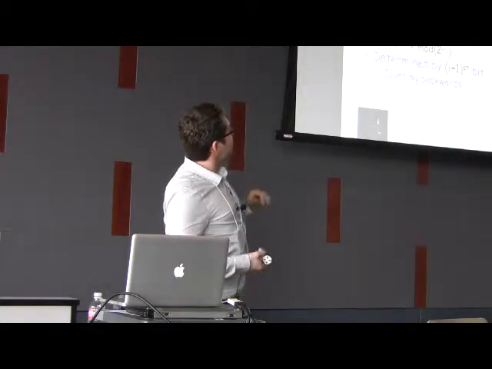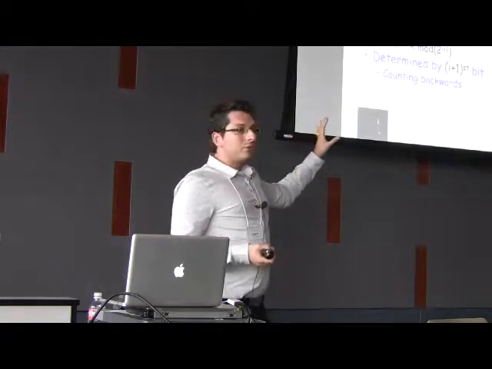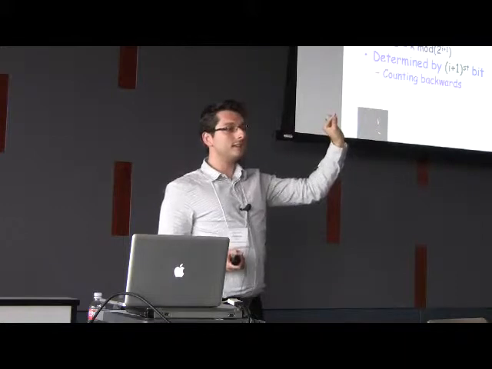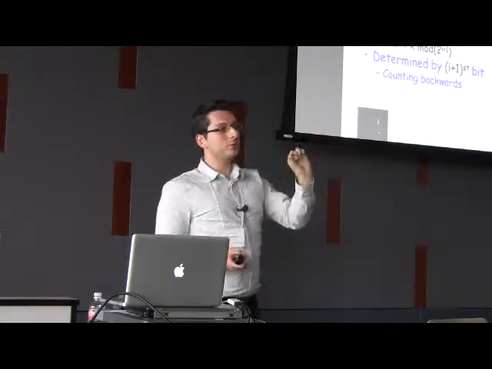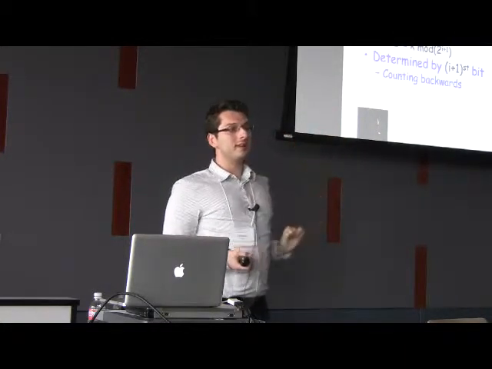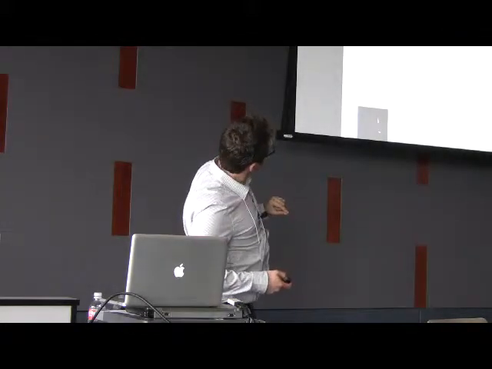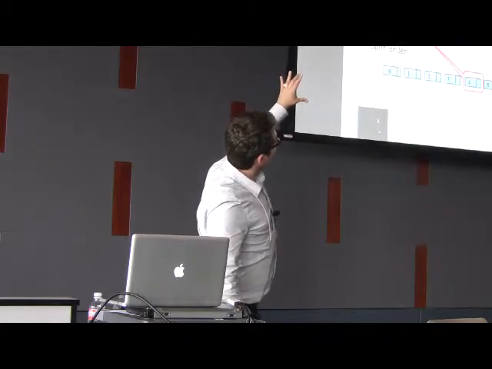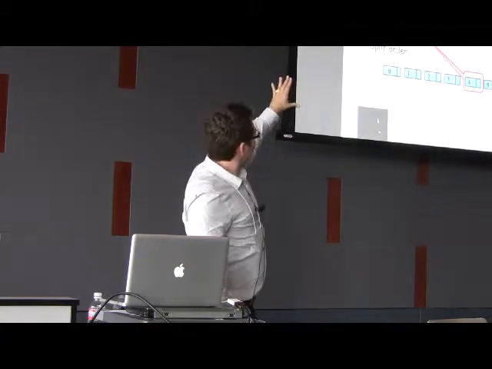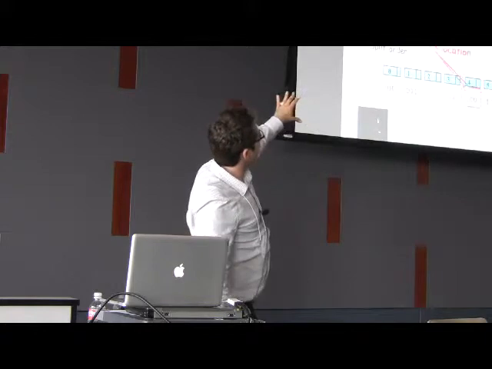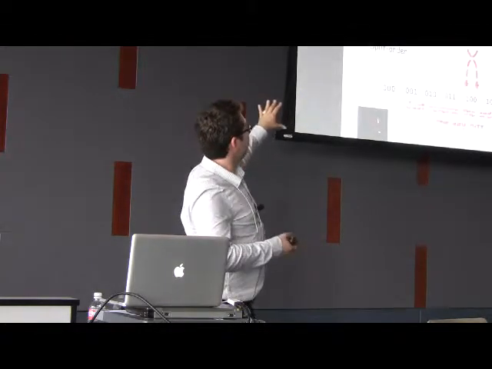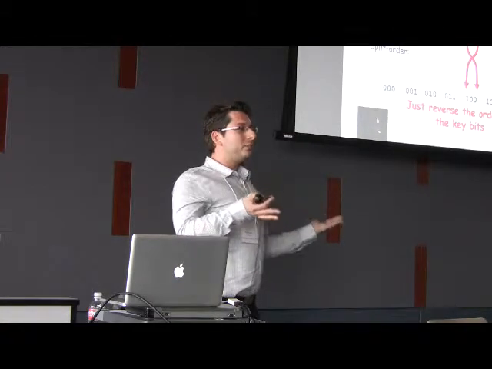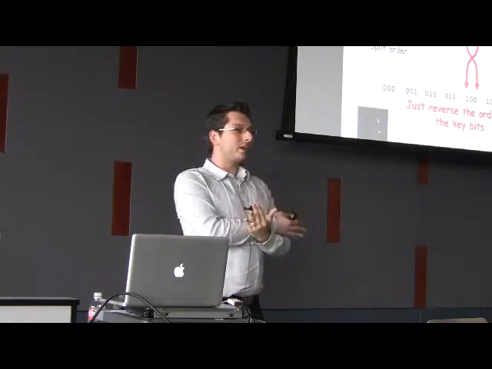So this is the index. And when the table splits, counting backwards, the bit at position i plus 1 is going to determine whether the element stays in the old bucket or goes to the new one, but without physically moving the elements. And this is the magic. If we just look at the keys and their positions in the table, well, lo and behold, it's exactly, not surprisingly, we take the bit representation of every element and reverse it backwards.